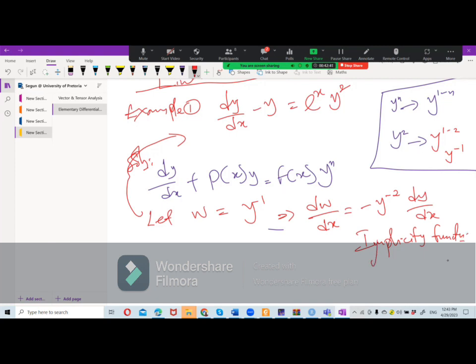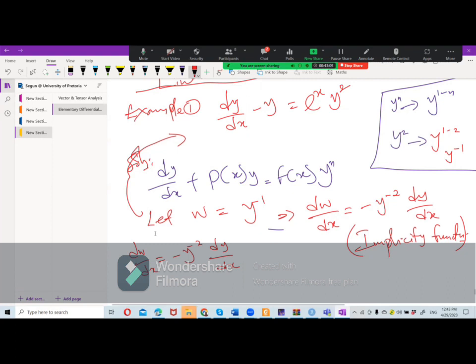So we are looking at an implicit function now. Now that we've done the differentiation, we have dw dx equals -y^-2 dy dx.